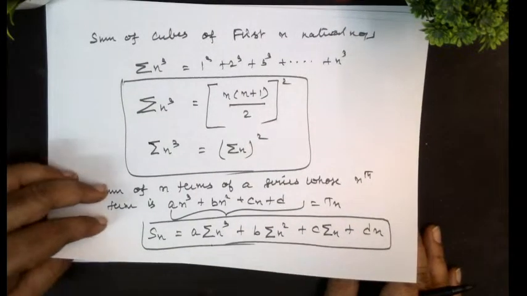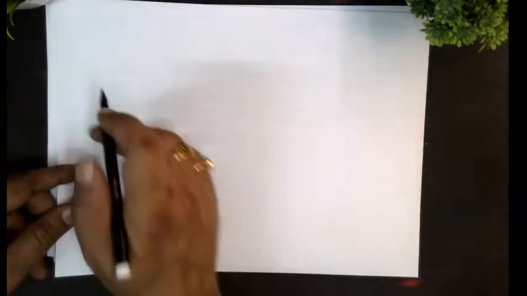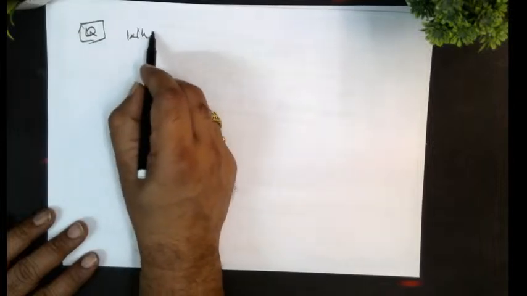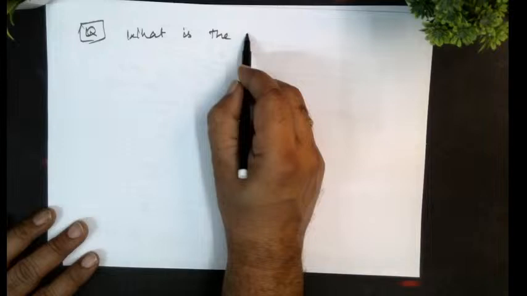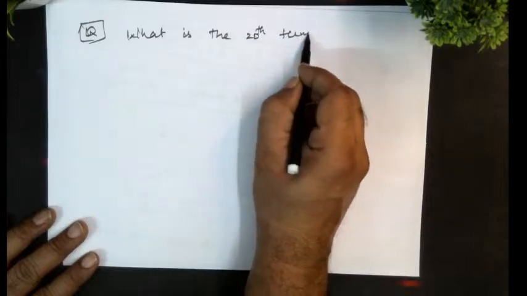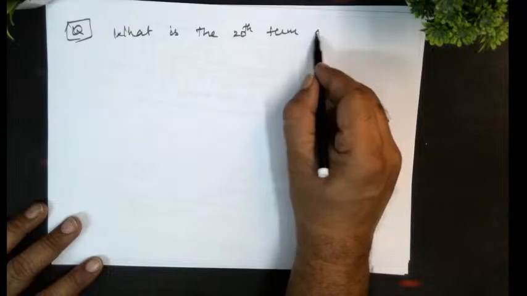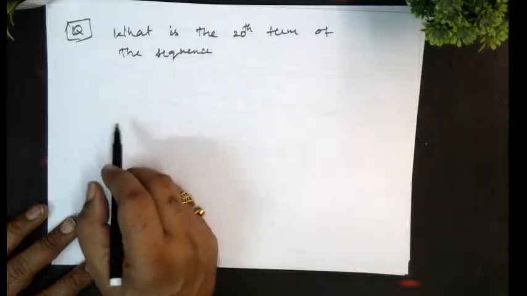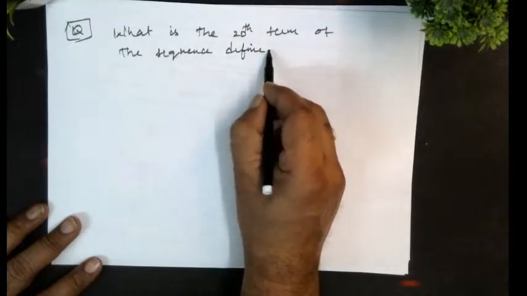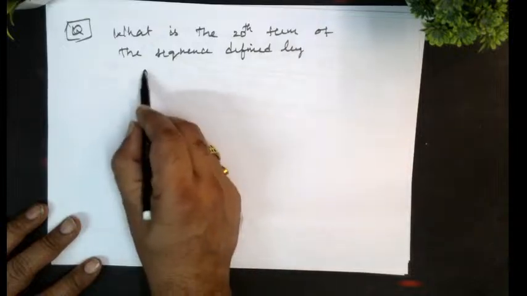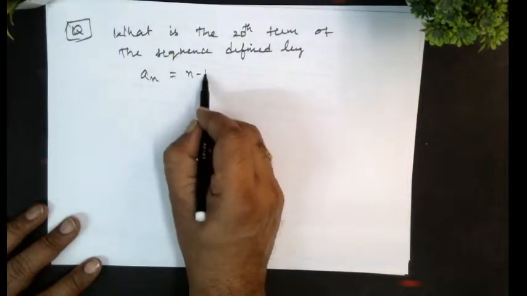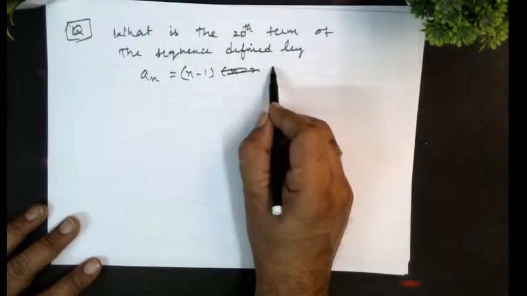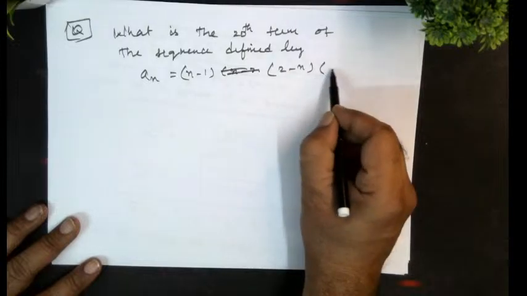For example, let me explain this with an example. Take down. What is the 20th term of the sequence defined by an is equal to n minus 1 into 2 minus n into 3 plus n.